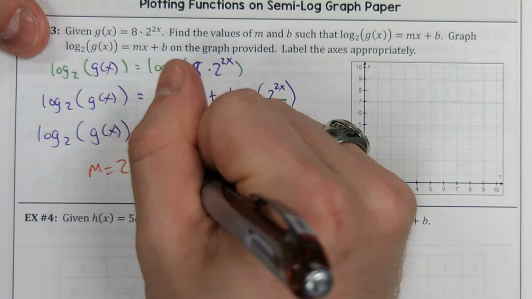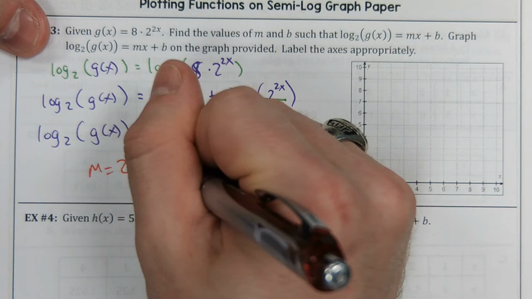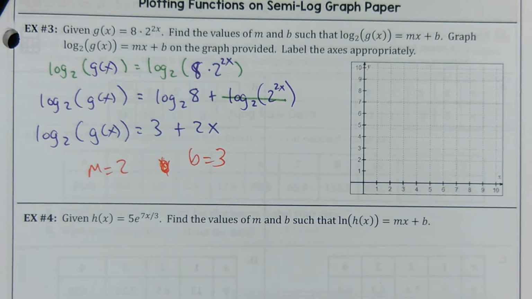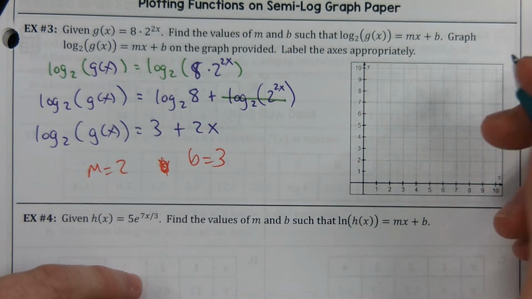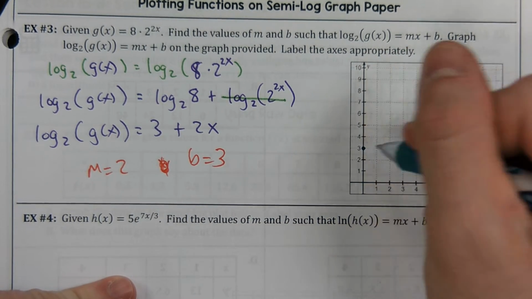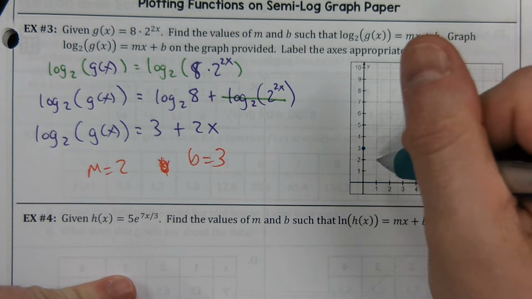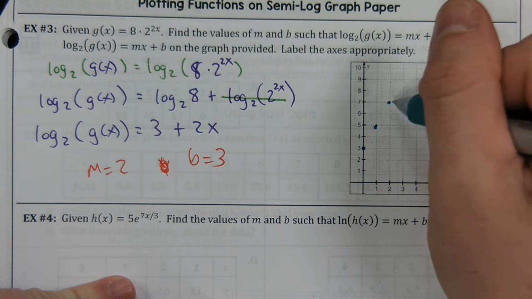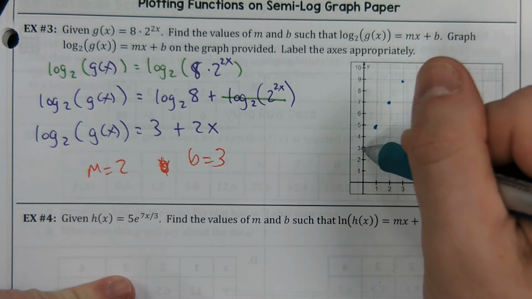And the quote-unquote y-intercept is 3. So if you wanted to graph that, starts at 3 and goes up to right 1, up to right 1, up to right 1, and connect dots.